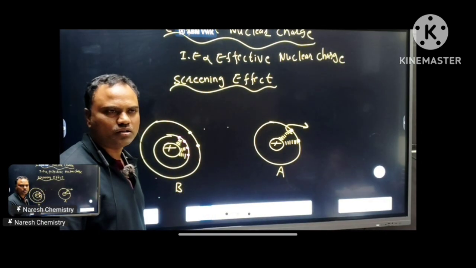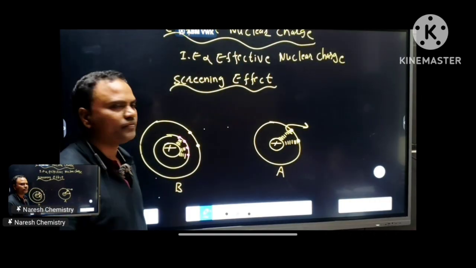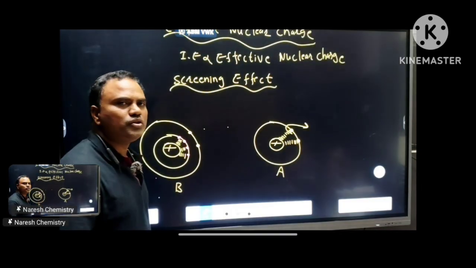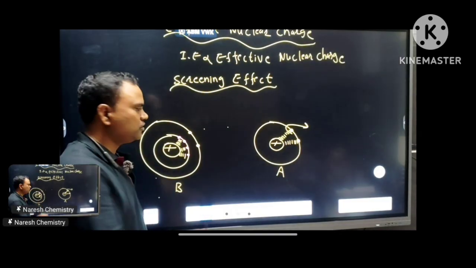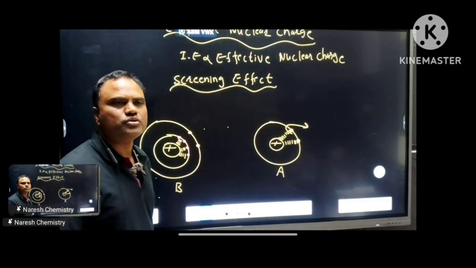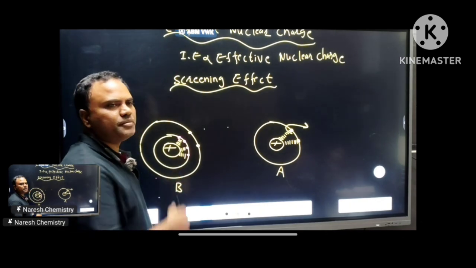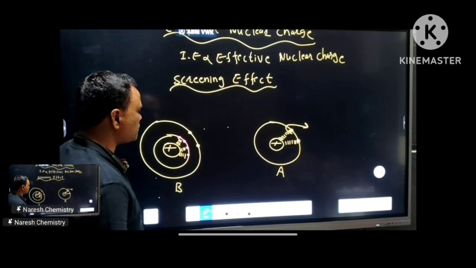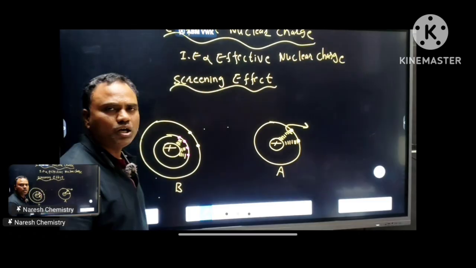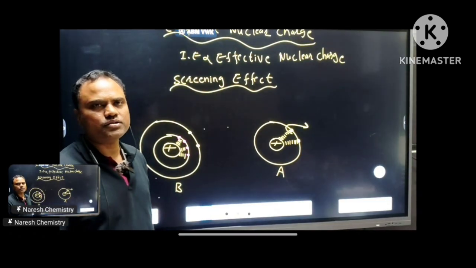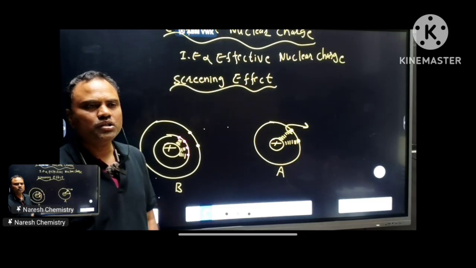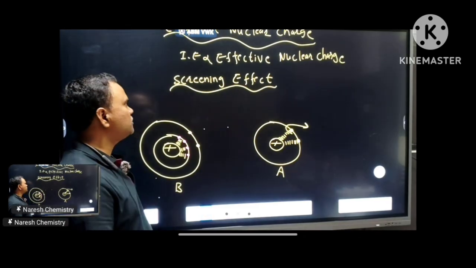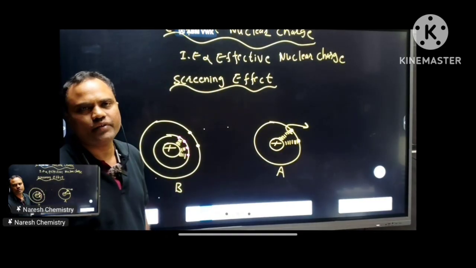So how to define the screening effect? The decrease in the nuclear force of attraction on the outermost electrons due to the presence of inner orbit electrons is called the screening effect.